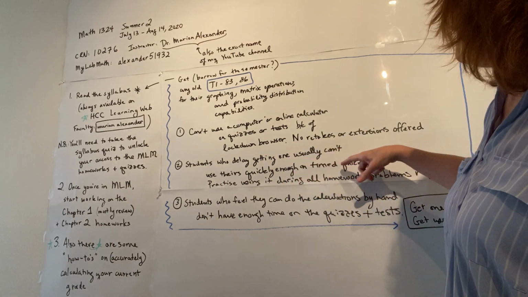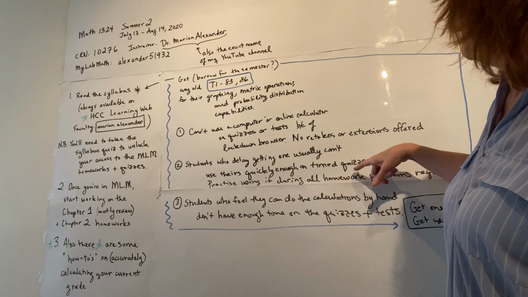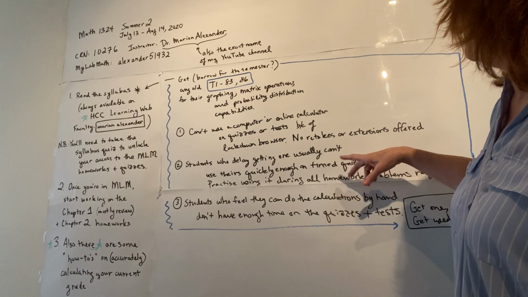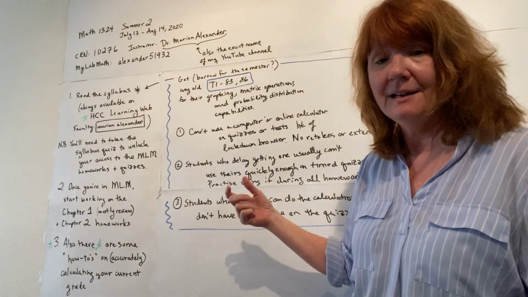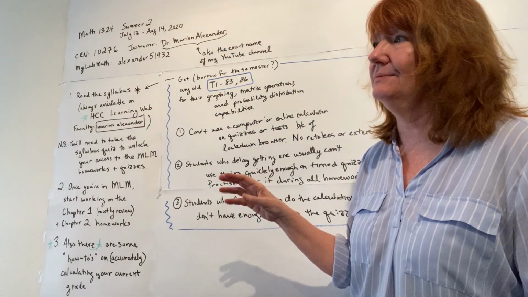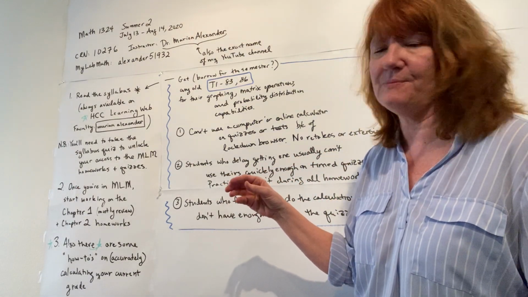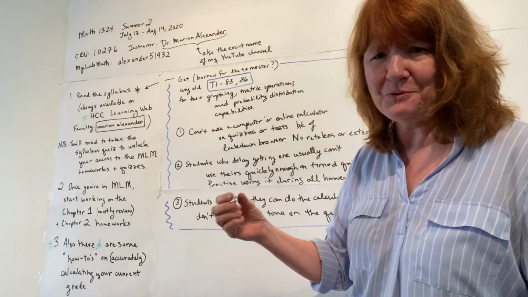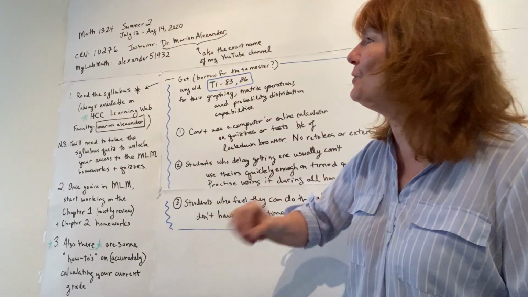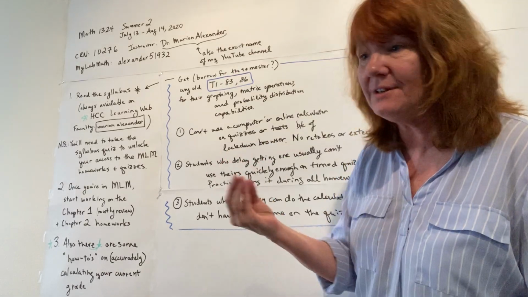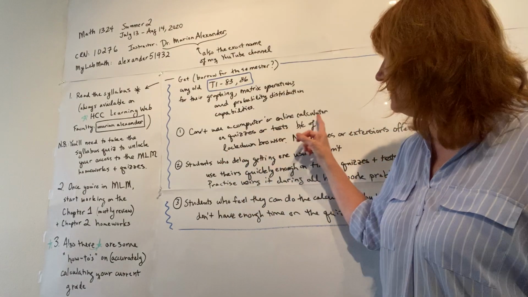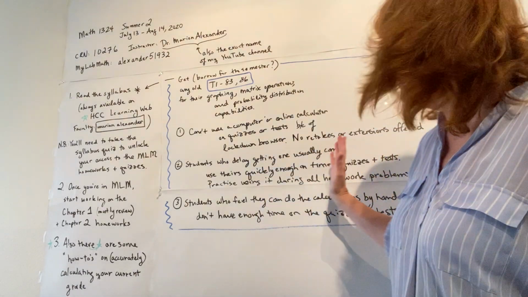Students often delay because they figure, again, they could just do this stuff by hand. And that lasts till about halfway through the semester, when even my folks who know this material, have had it before, and can do quick calculations very quickly, still don't have enough time on the timed quizzes or tests.